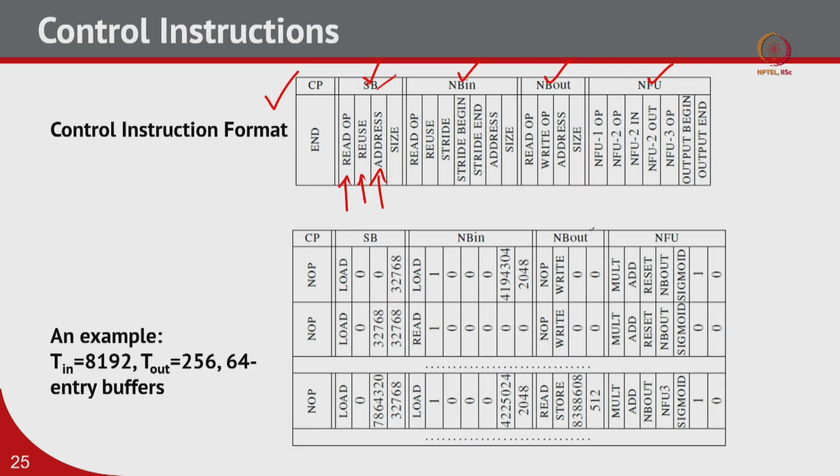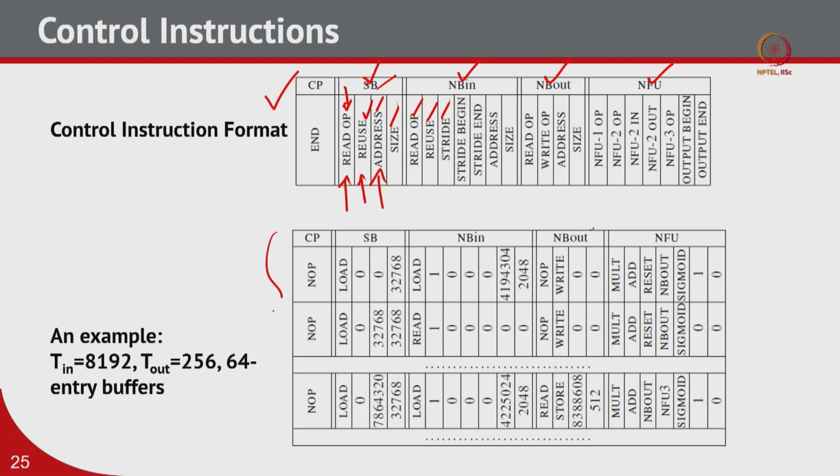For the synapse buffer, we first put what read operation we want to do, whether we are doing reuse or not, what the address is, what the size is. For NB in also: read operation, reuse, stride, etc., right.